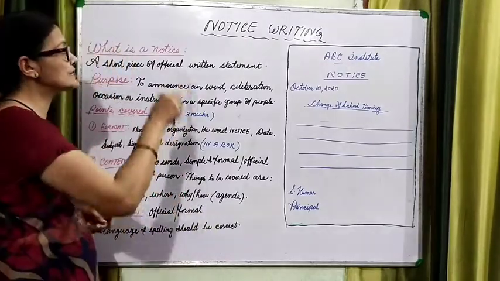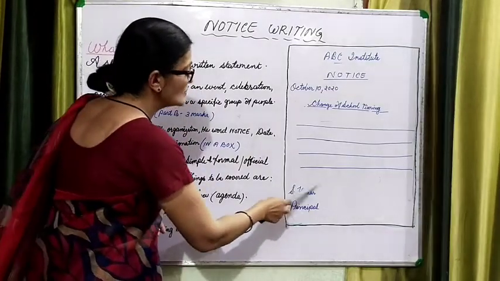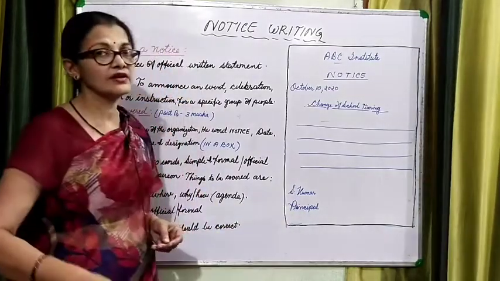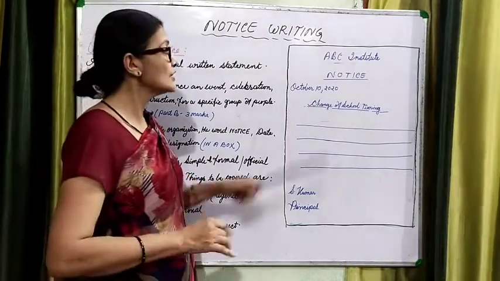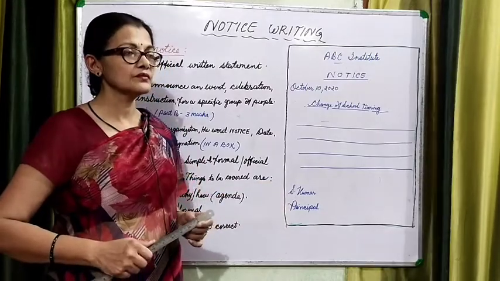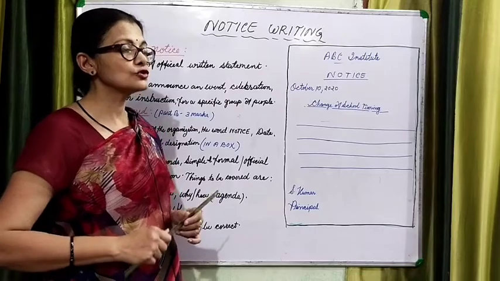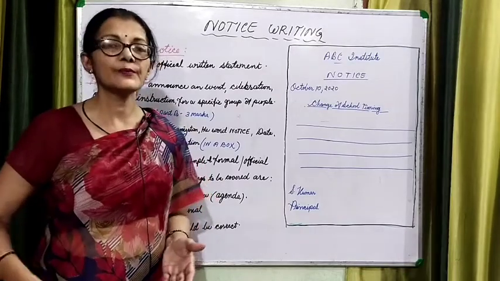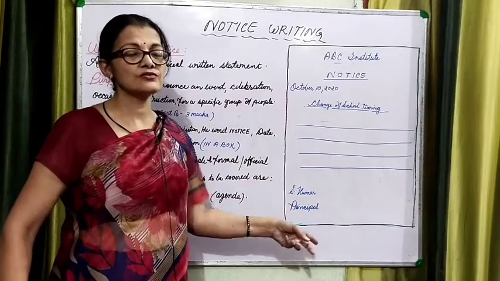But if this is a written, official paper, the authorized signatory should be there. It is a must, because the notice is not considered correct or official, or an authorized piece of paper, unless the name of the authorized signatory is there.